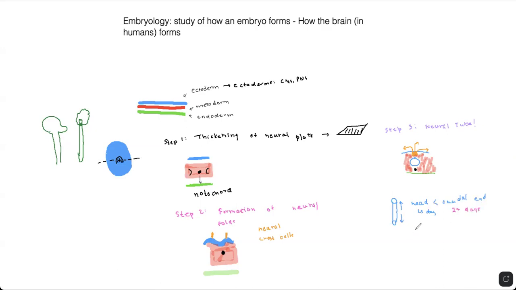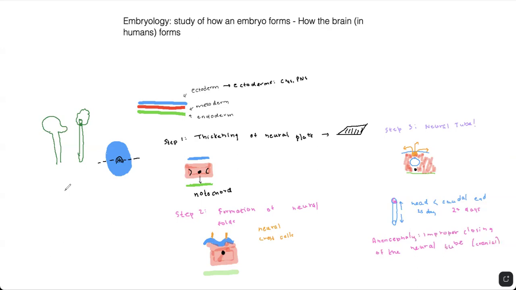So now let's talk about the possible things that could go wrong in this process. First, what happens if the head end doesn't close properly, right? What if this doesn't close? That condition is called anencephaly. Anencephaly is the improper closing of the neural tube on the cranial end.